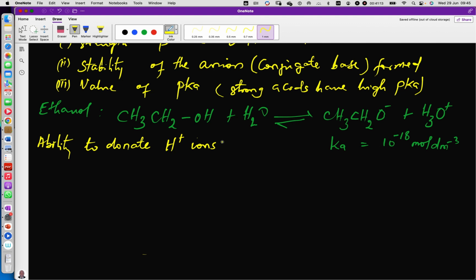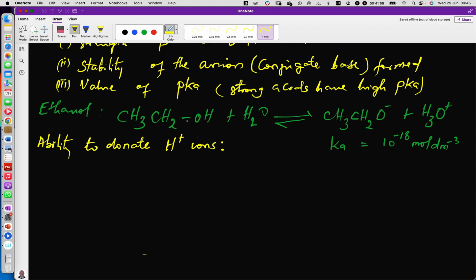You will see here that the ethyl group in ethanol, since it is an alkyl group, is electron donating. And since it is electron donating, it increases the charge density on the oxygen of the OH.